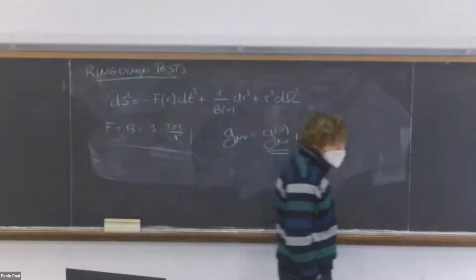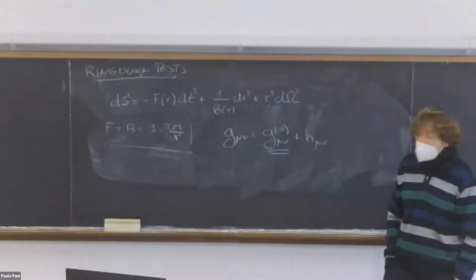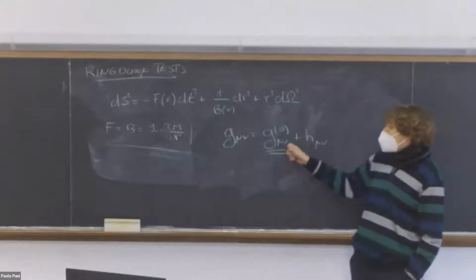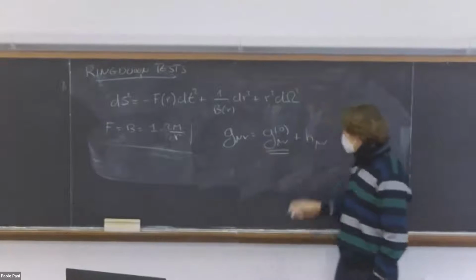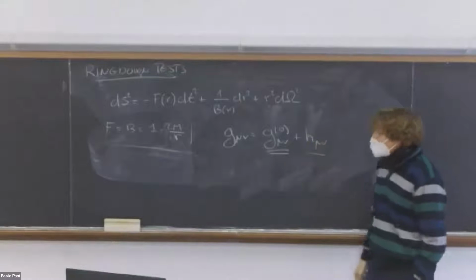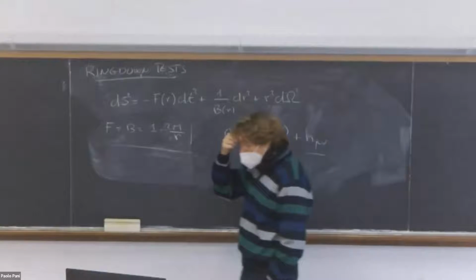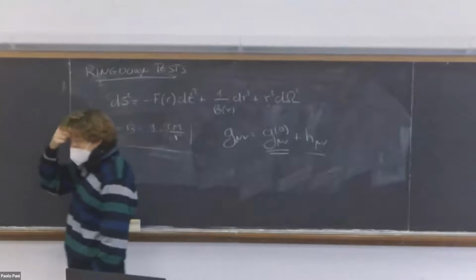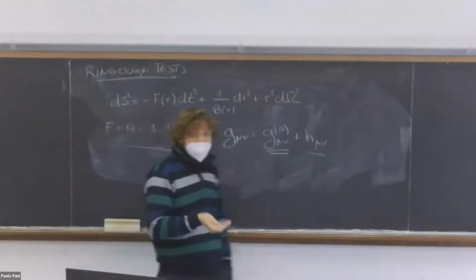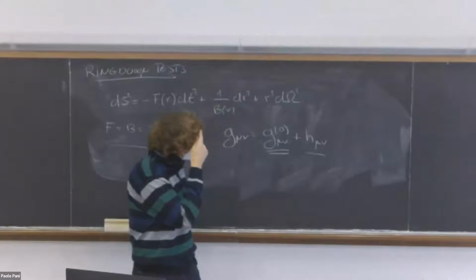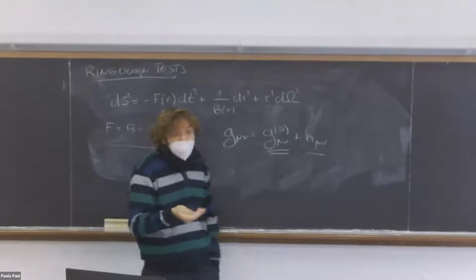Of course, in order to do that, I need a theory, because I need to plug this decomposition into the field equations of my theory and compute at linear level the dynamics of the perturbation. So this procedure is done on a theory by theory basis, so of course, it's model dependent.